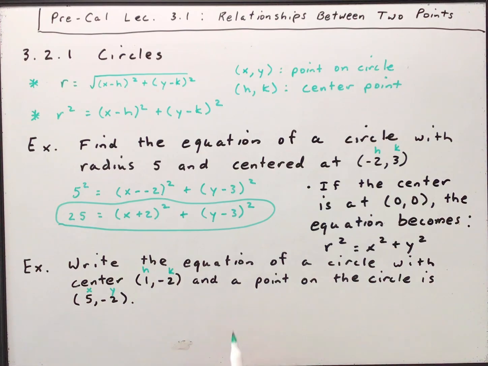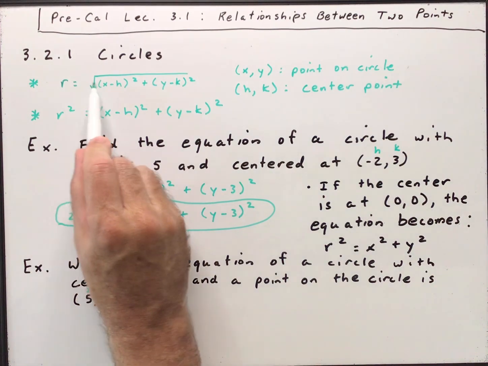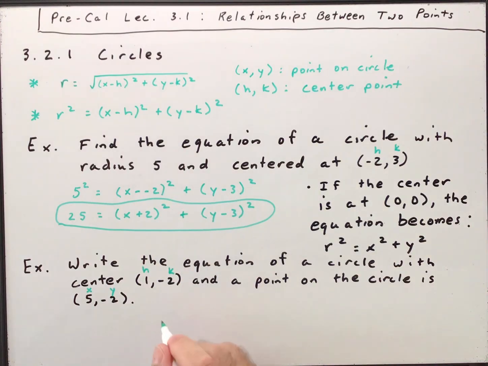Okay, so first of all, let's get the radius. So we have an equation for the radius right up here. Except this time we have x and y, so we can figure out the radius numerically. It's going to be the square root of x minus h. So 5 minus 1 all squared plus y minus k.